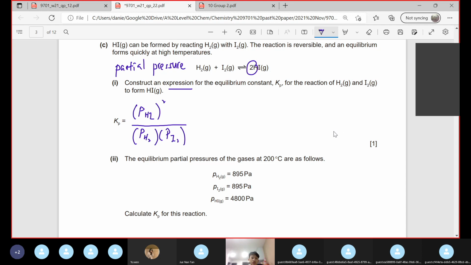Then you write in this way in the correct orientation, then 1 mark. Make sure you have the square at the partial pressure for the hydrogen iodide. Then the Roman 2. Equilibrium partial pressure of the gases at 200 degrees Celsius are as follows.